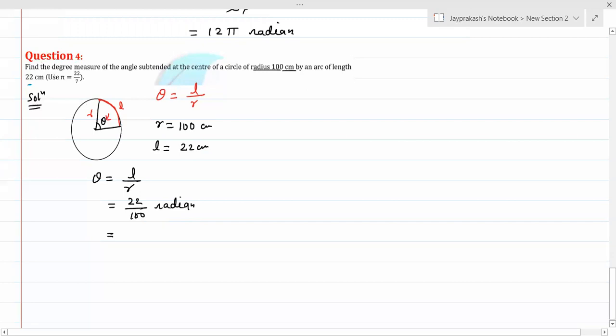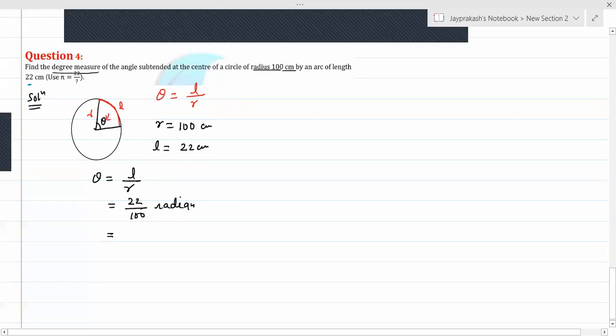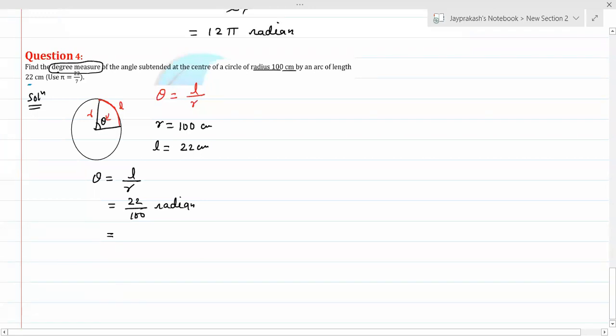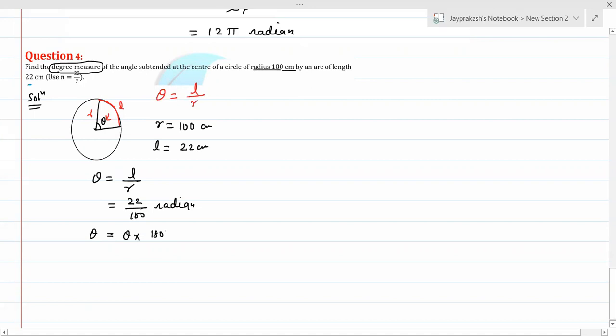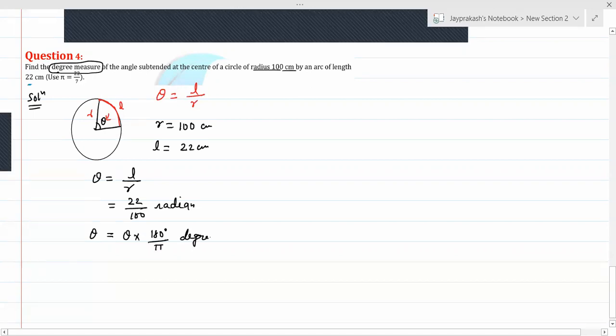But in the question, they are asking us to find the measurement of the angle in degree measurement. So you know that whenever you have to convert radian to degree, the theta should be multiplied by 180 by pi, and your value will change to degree.